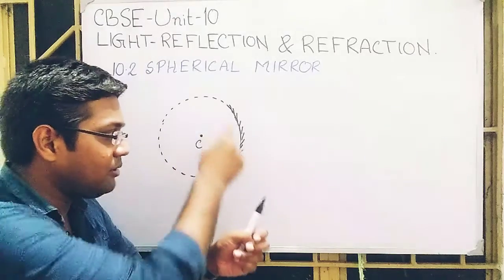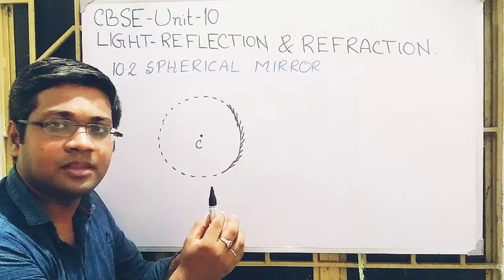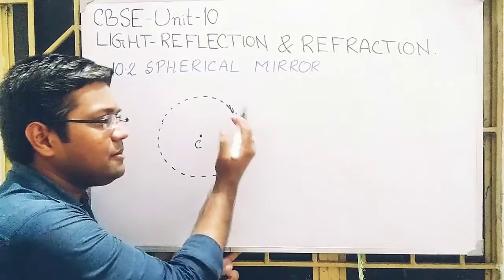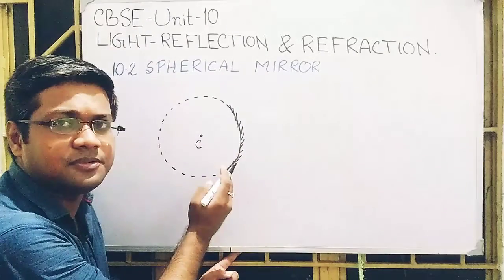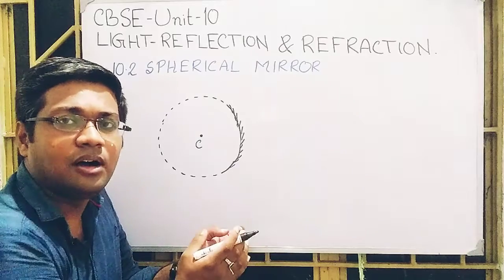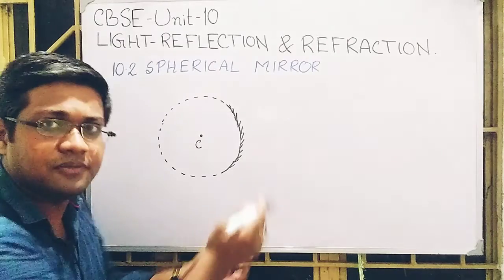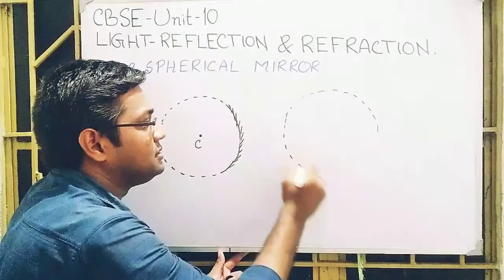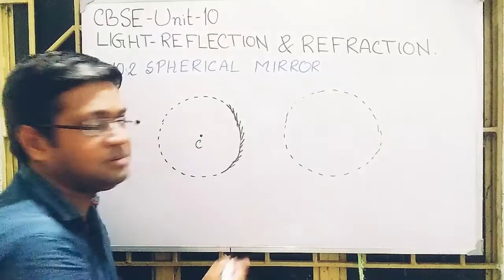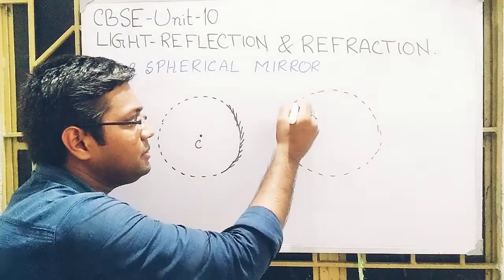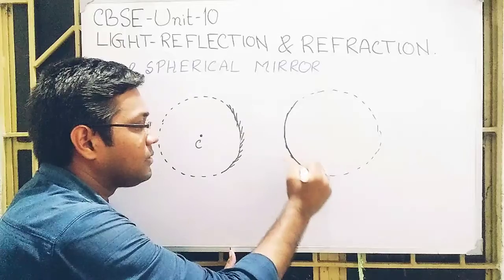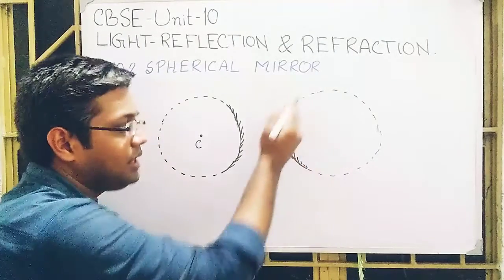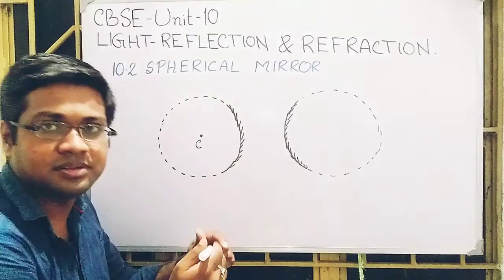So for this type of mirror, this is the center. And obviously if I make the inward surface, we have a possibility to find the outward surface, the bulge surface we can say. If I say this is a sphere, just consider geometrically, I make this type of mirror.